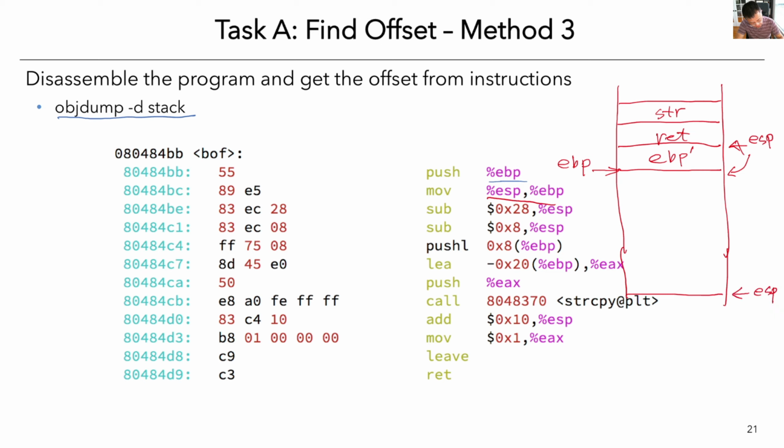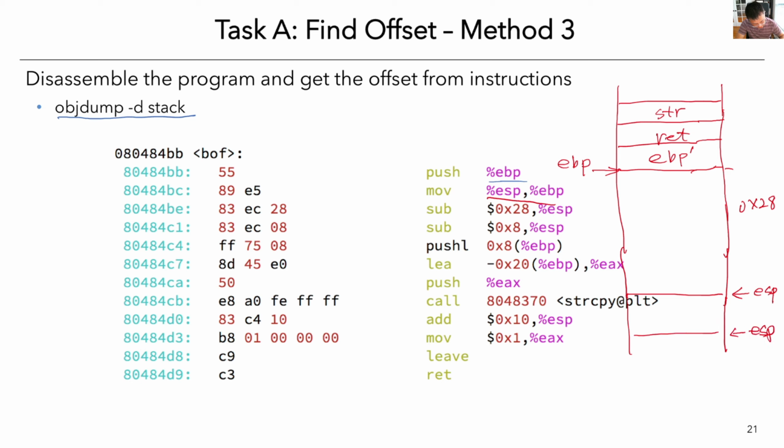Let's erase the old ESP here. Okay, so this will be 0x28. Then we subtract ESP by another 8 bytes.